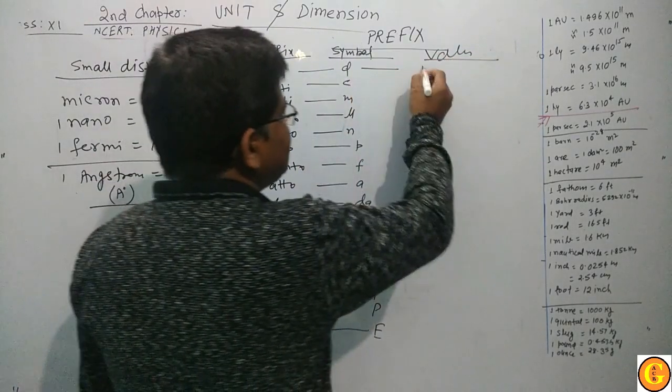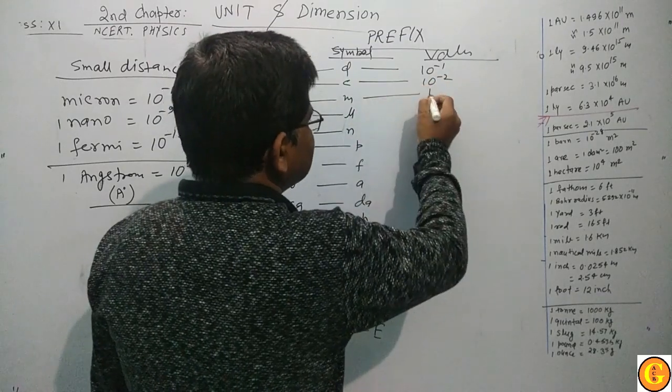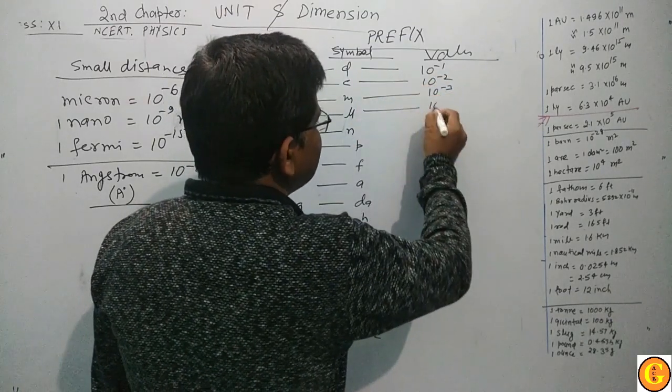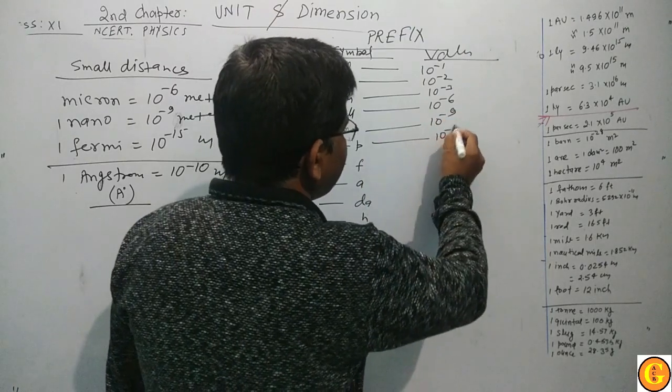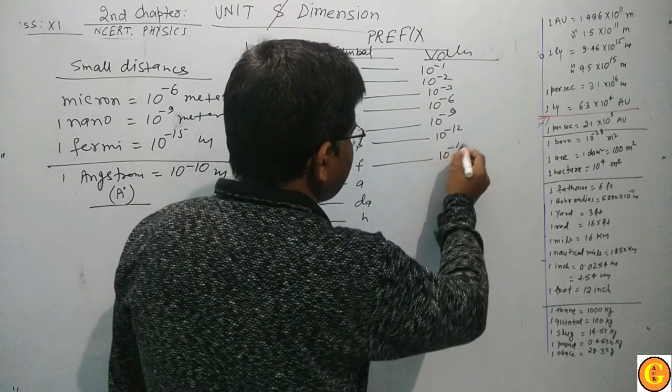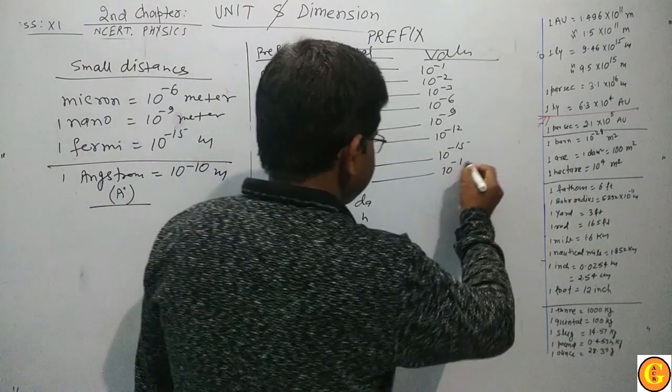Value means deci 10 to the power minus 1, centi 10 to the power minus 2, milli 10 to the power minus 3, micro 10 to the power minus 6, nano 10 to the power minus 9, pico 10 to the power minus 12, femto 10 to the power minus 15, atto 10 to the power minus 18.